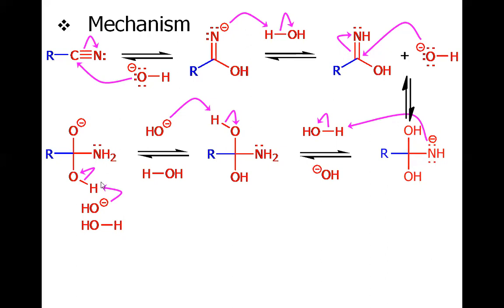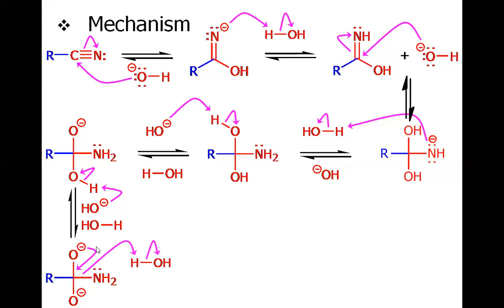But we have one more alternative possible, that since this is the base catalyzed mechanism, base is present, so the other alcohol will also be abstracted, will also be deprotonated to have this dianion. We may get the dianion if we have a high concentration of base present. However, if we do not have a high concentration of base present, we will not have the dianion, rather we will have the monoanion.